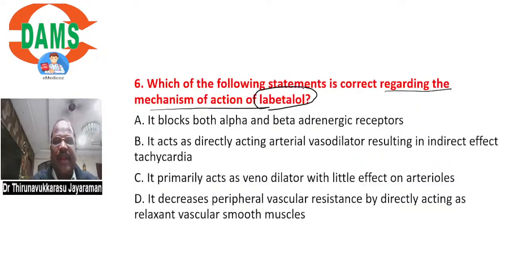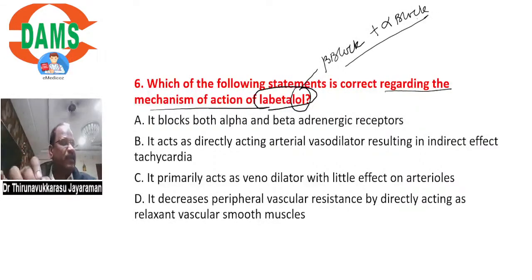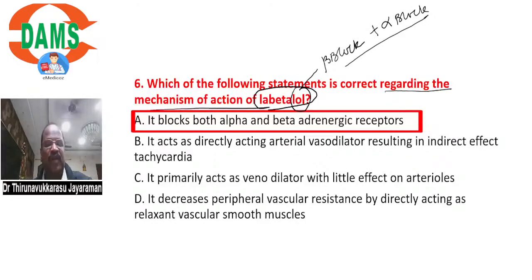We know any drug name ending with 'lol' is a beta blocker. But one special point: labetalol not only blocks beta, it also additionally has alpha blocking property. With this in mind, look at the options. The answer will be option A: blocks both alpha and beta receptors. Very good. All are doing a very good job. Fantastic.